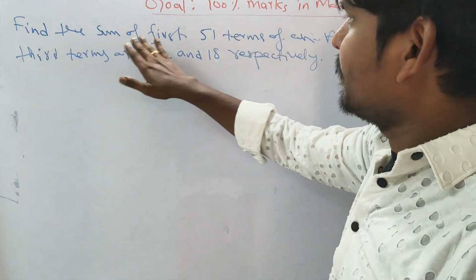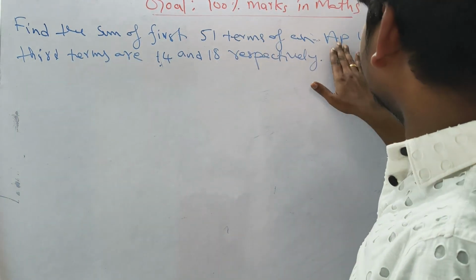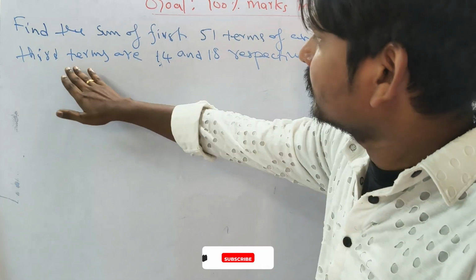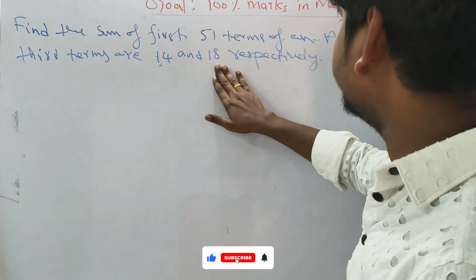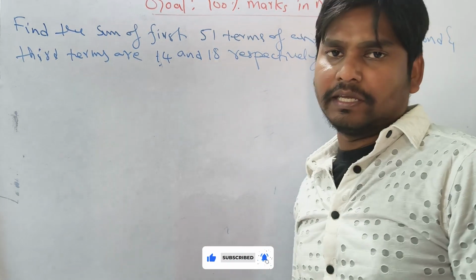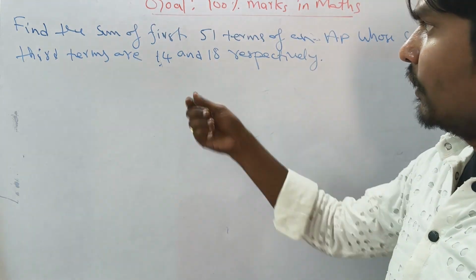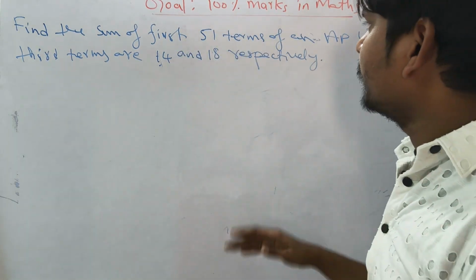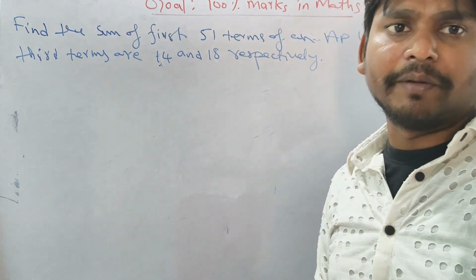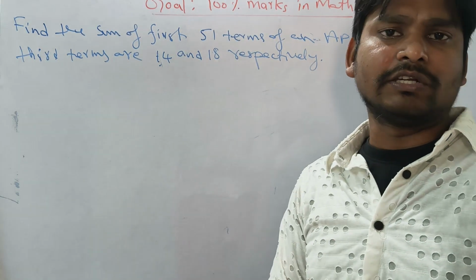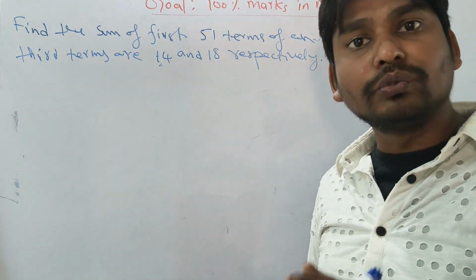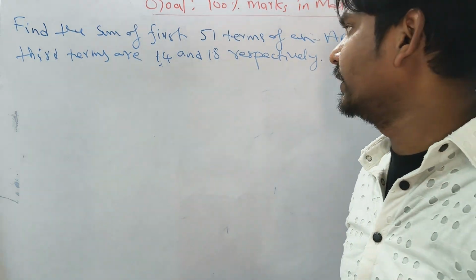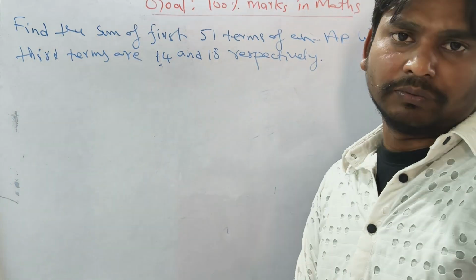Find the sum of the first 51 terms of an AP whose second and third terms are 14 and 18 respectively. If we want to find the sum of the first terms of an AP, we require a, because in the formula Sn = n/2 (2a + (n - 1)d), we require d also.